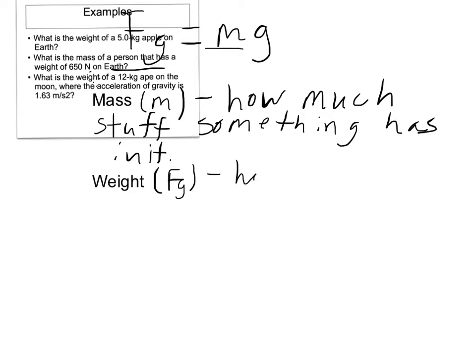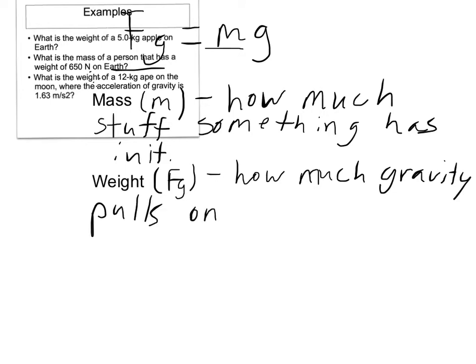Weight is how much gravity pulls on an object. Weight is how much gravity pulls on an object. And these two things are related.